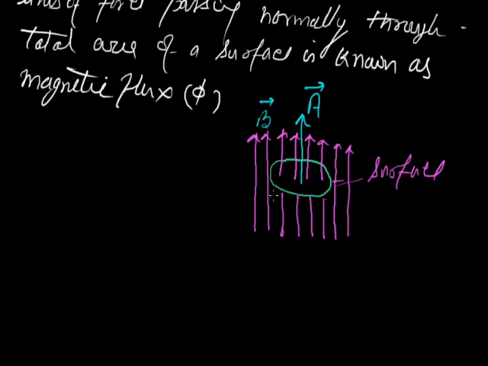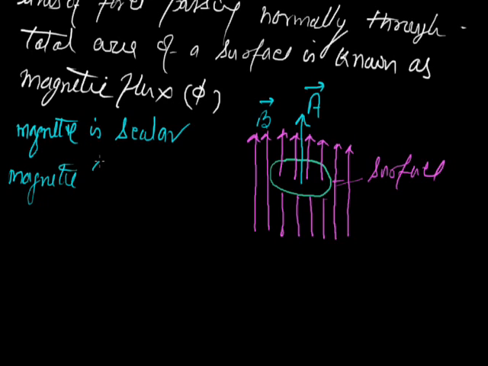Now here magnetic flux is a scalar quantity, but the magnetic flux density, that's B, is a vector quantity.